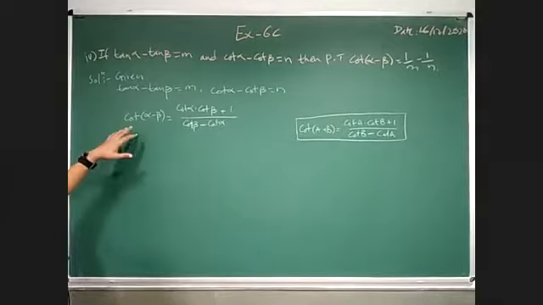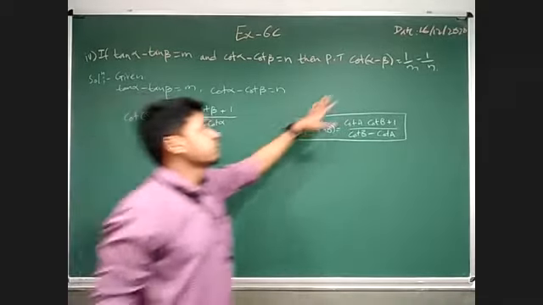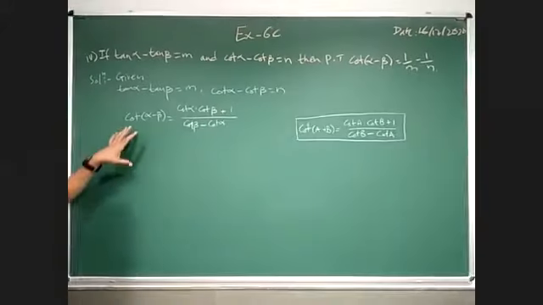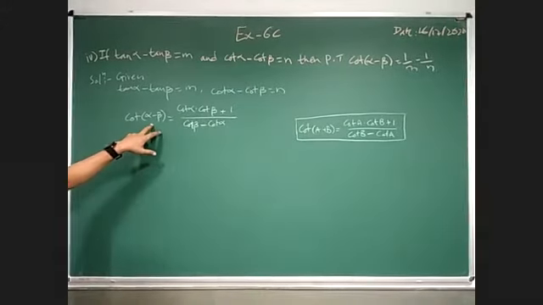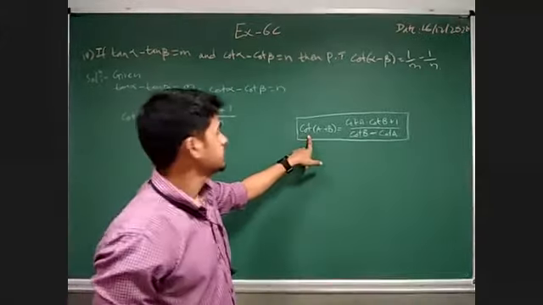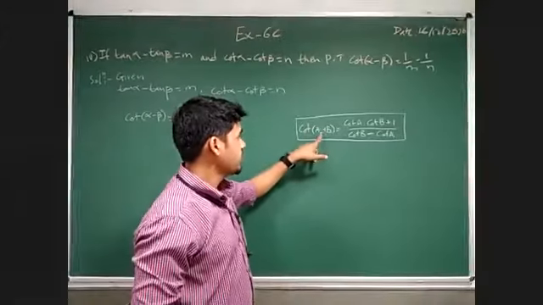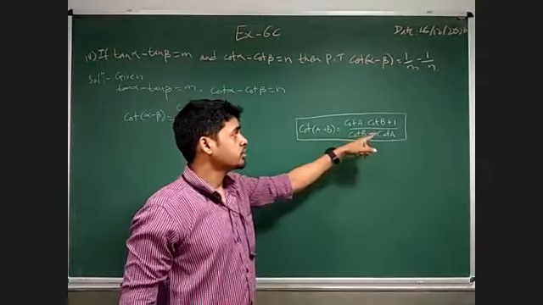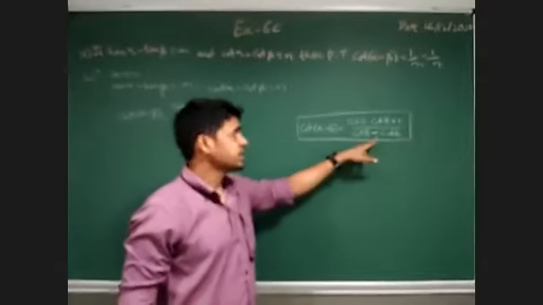Now, what we have to find here? We have to find cot of alpha minus beta. So here I wrote cot of alpha minus beta, and I know one formula, the compound angle formula, that is cot of a plus b. Cot of a plus b is nothing but cot a into cot b minus 1 by cot b plus cot a.